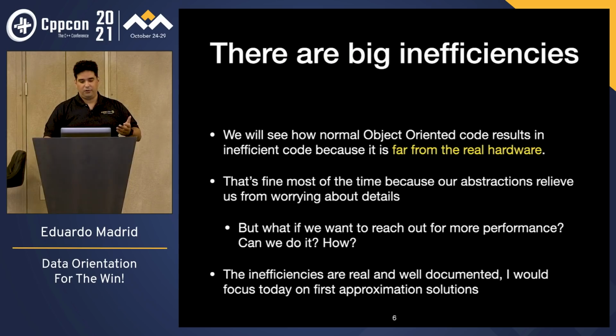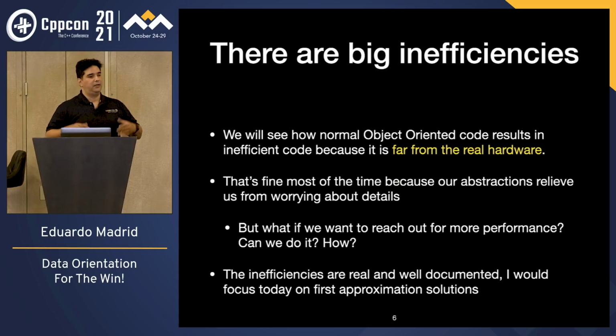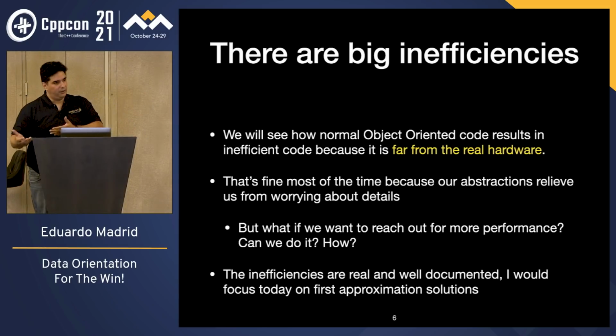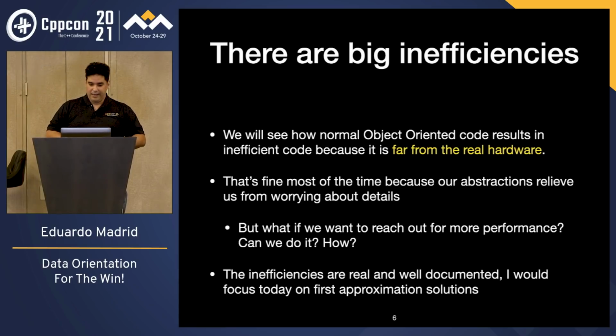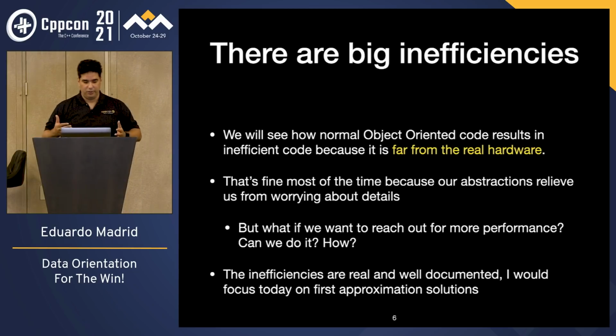We leave quite a lot of performance on the table by programming the classical C++ way, including object orientation. We will see momentarily that object-oriented code is very removed from the real execution hardware where we run our code.